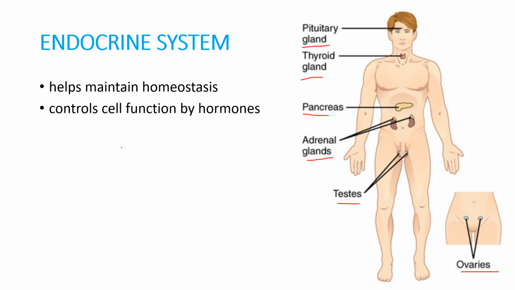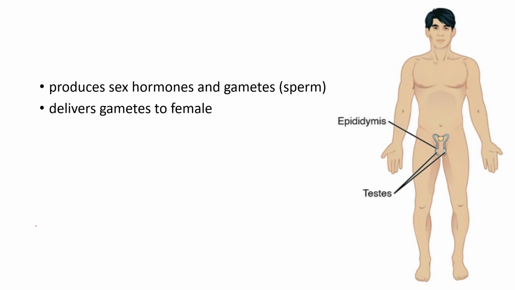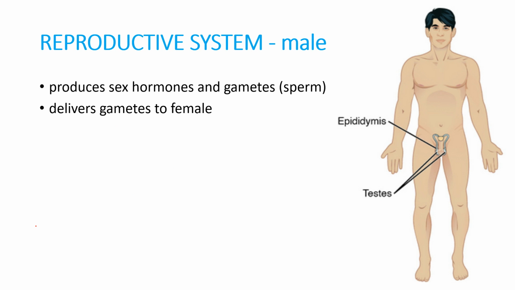The endocrine system is the second one that helps maintain homeostasis. And it does so by chemical messengers that travel through the bloodstream called hormones. And those hormones are communicating with all the different parts of the body, helping maintain a nice, regular internal environment, homeostasis.